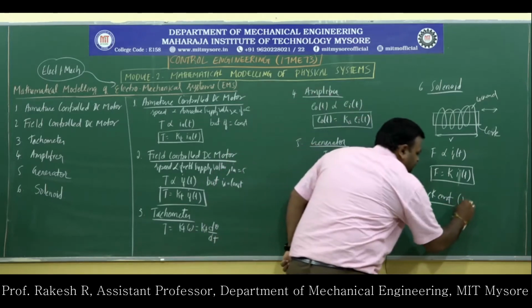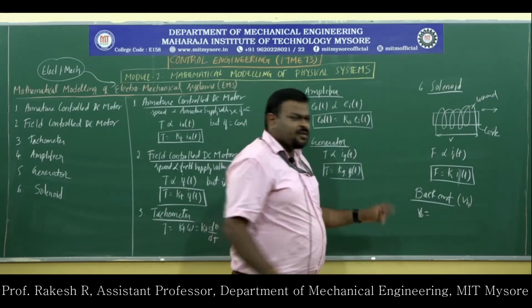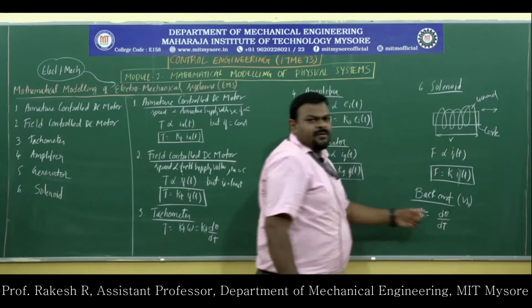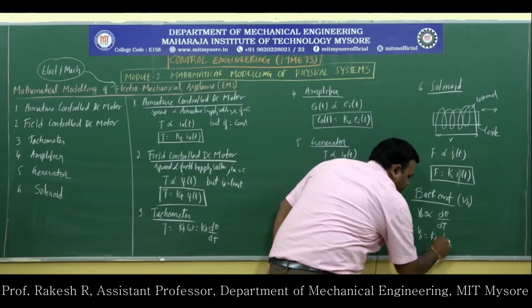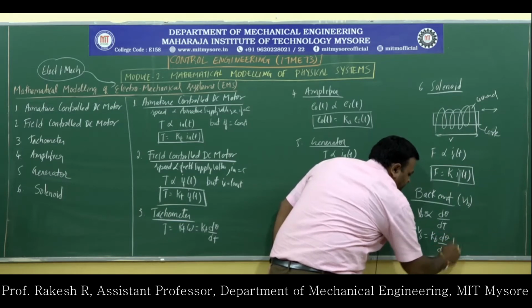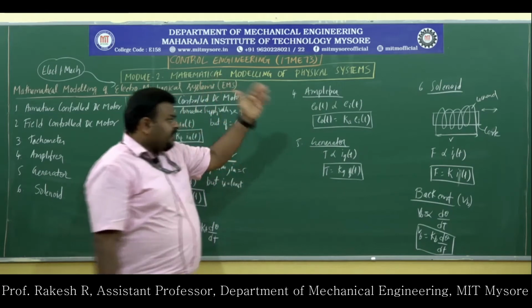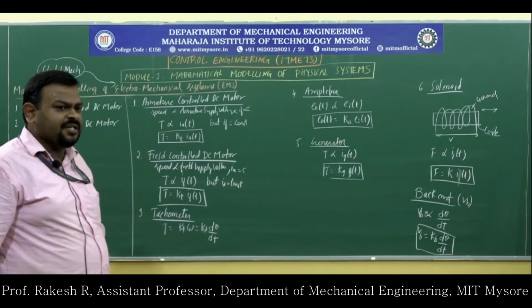So back EMF Vb will be opposing the motion, which is directly proportional to d theta by dt. If you take a proportionality constant, you will get Kb into d theta by dt, where Kb is called the back EMF constant. So these are the 6 important electromechanical elements you will be using in control engineering.